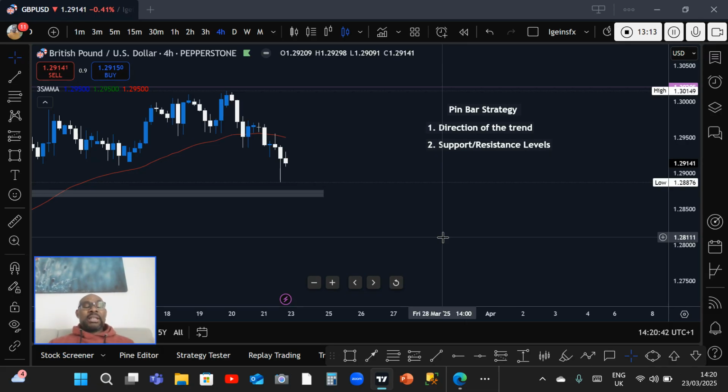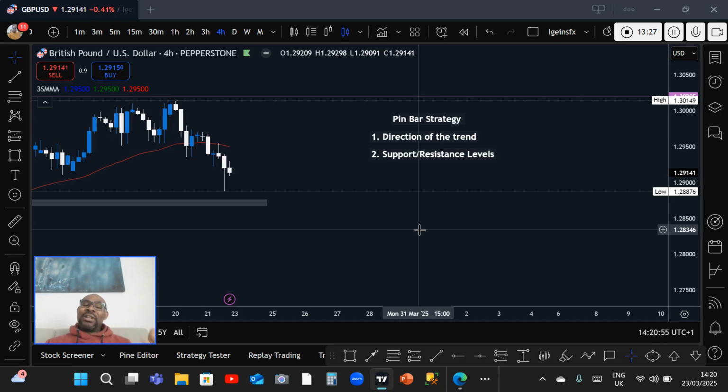If you are plotting a level on a lower time frame, the level on a lower time frame is often used as a liquidity grab for the higher time frame. It's the higher time frame that determines the direction of the trend.